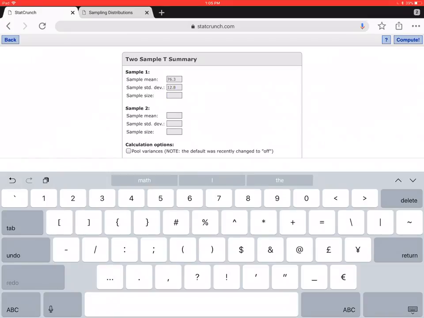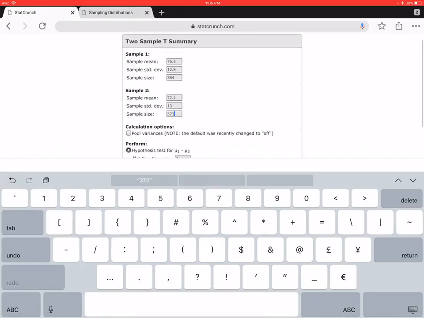And the sample size there were 384 women. And then for the men, there was a mean of 72.1, a standard deviation of 13, and a sample size of 372.